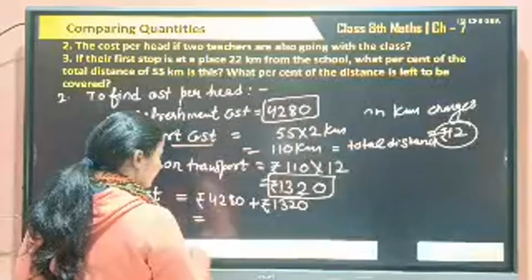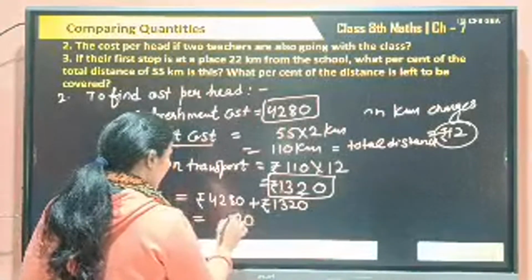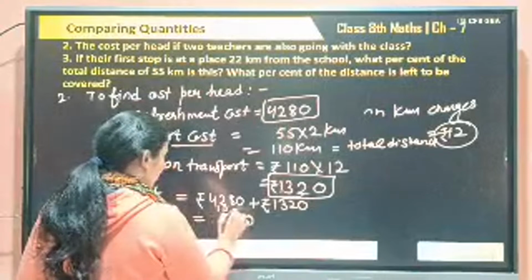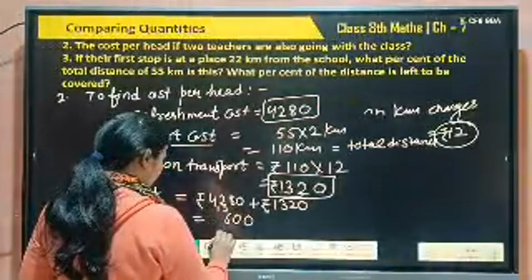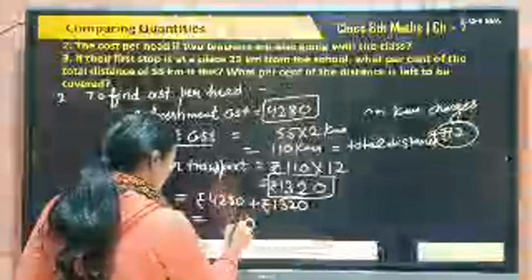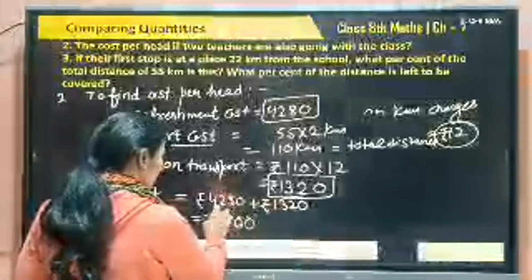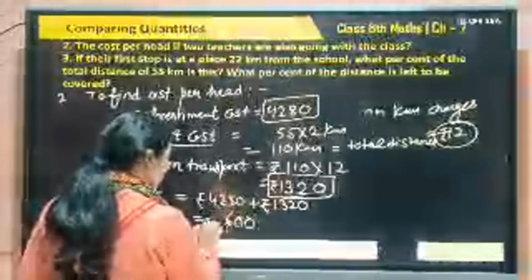What will it be? Adding, it will be 0, 8 and 2, 10, 3 plus 2, 5.